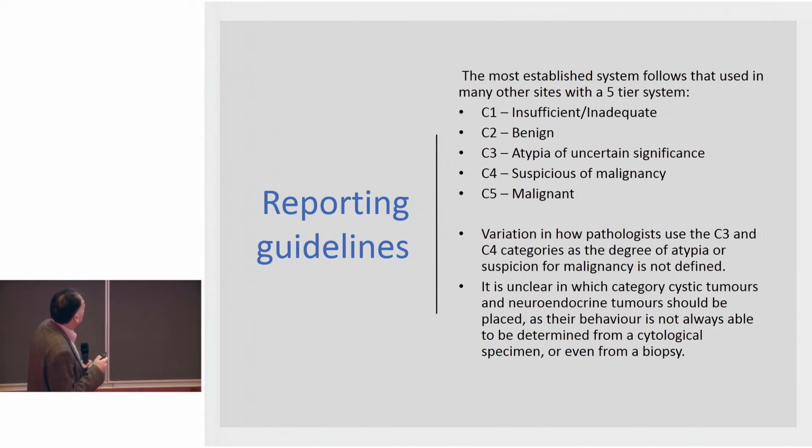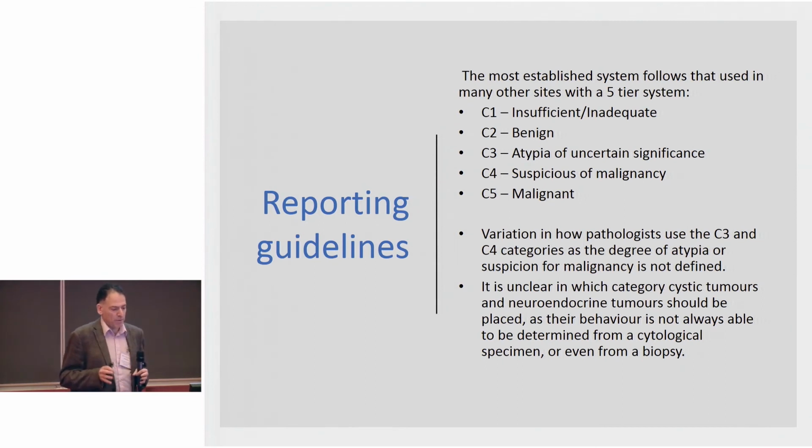These two are a bit of a problematic area because there's a variation in how pathologists use the C3 and C4 categories, because it's not really defined what degree of atypia and what degree of suspicion you need to put into either atypical or suspicious.